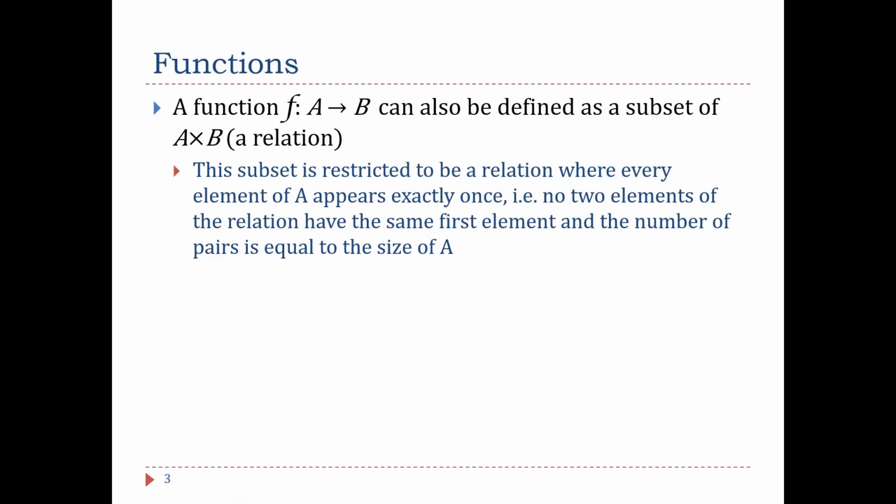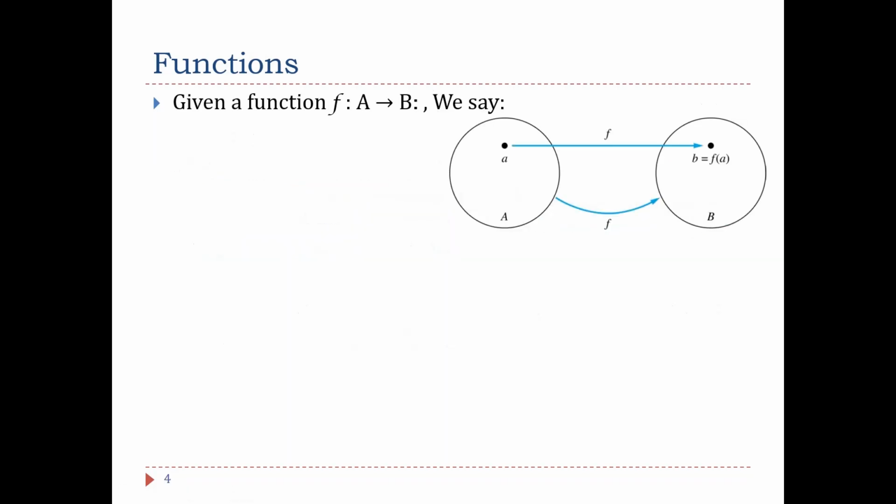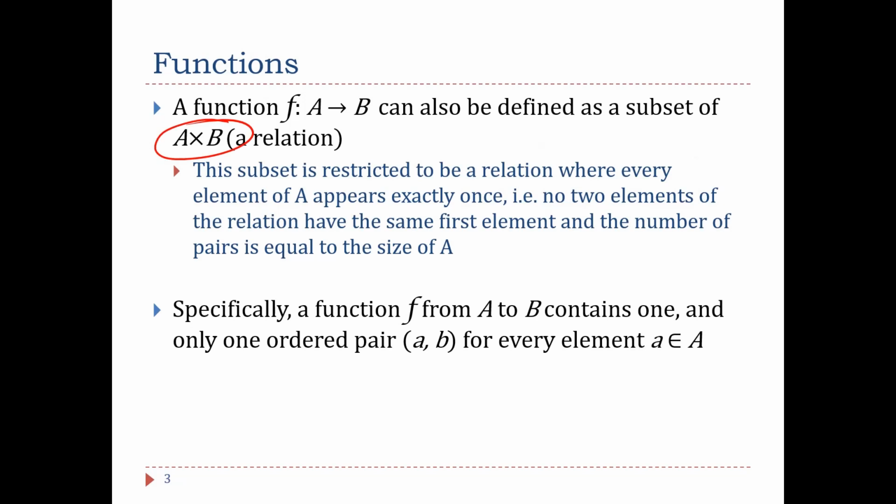We also explained how this can be seen as a subset of the Cartesian product A cross B, so that every element a is coupled with its image f of a, which we call here b. The first element comes from A, the second one comes from B, so this is why it's a subset of the Cartesian product A cross B. If we learn more about relations between sets, you would see that relations in general are defined in this way.